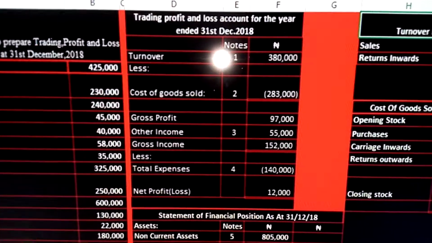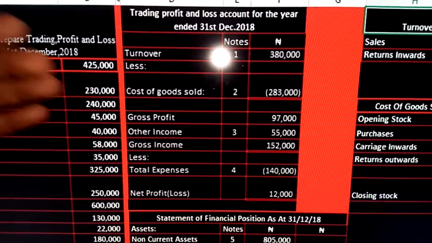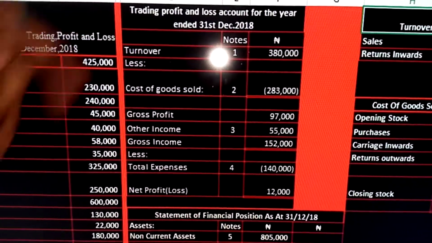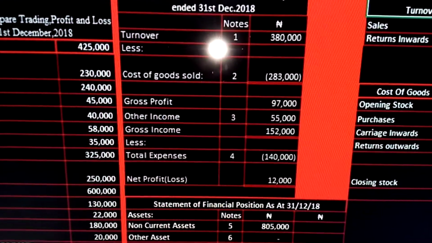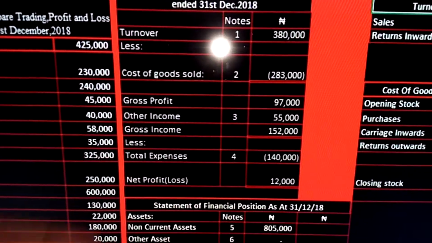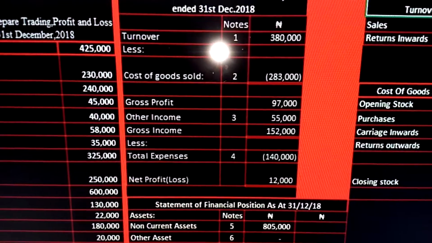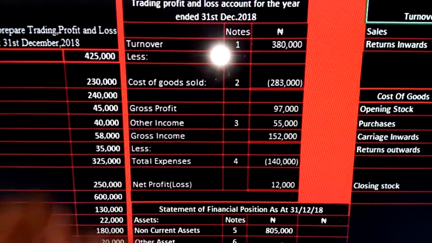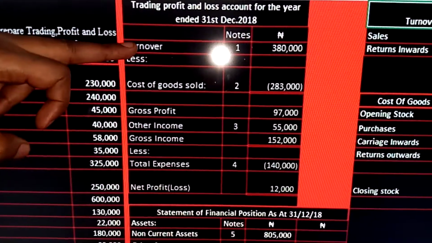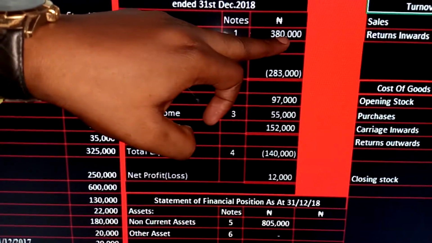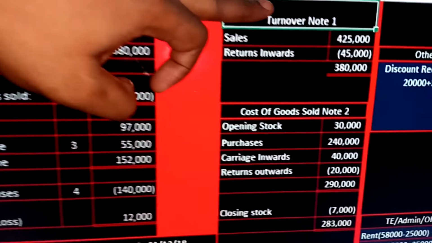Okay, so now we're preparing the trading profit and loss account or the comprehensive income statement. And then we are aware that from this question we're going to have turnover, cost of goods sold, other income, and the total expense. And the notes here show us how we got the figures that we are quoting for each item. For instance, this is turnover. This note shows us how we got this 380,000. So if we go to note 1, here's note 1.